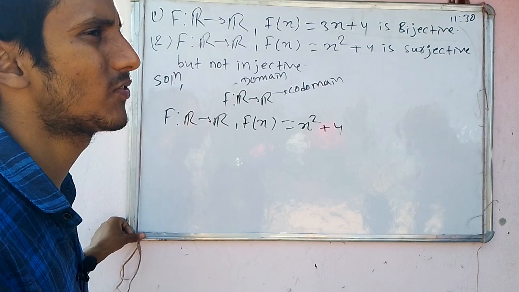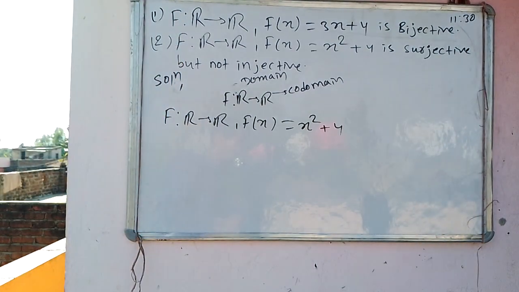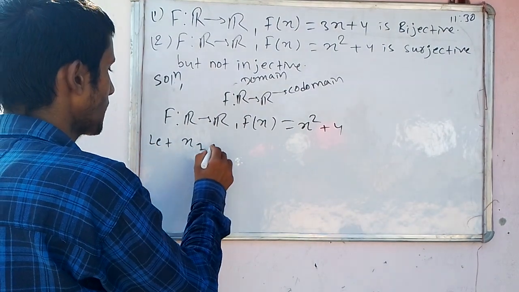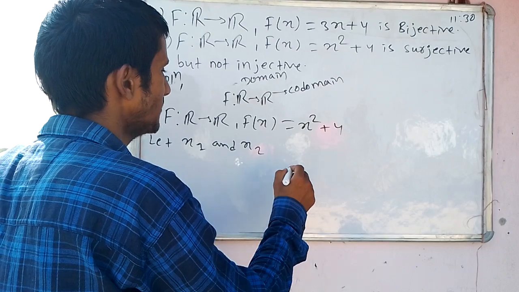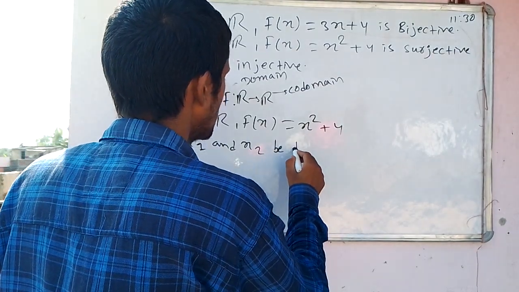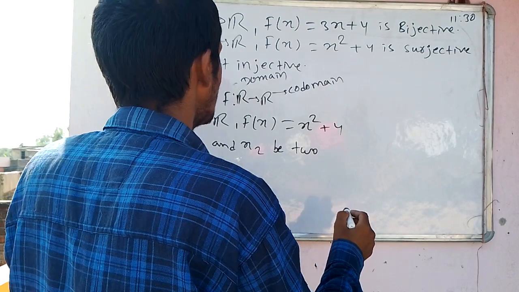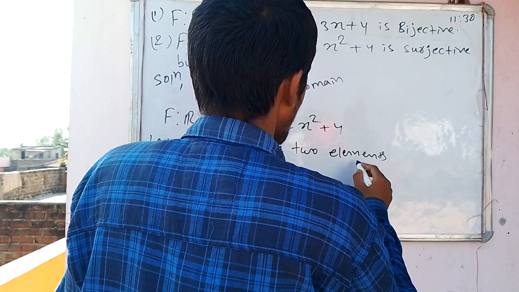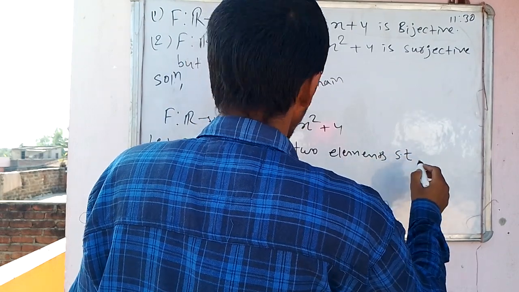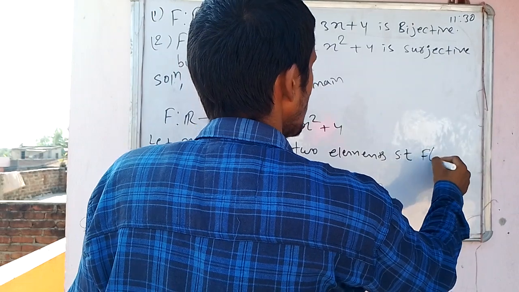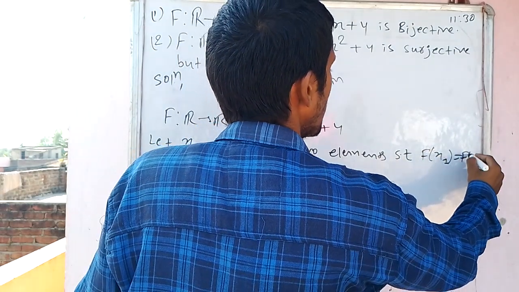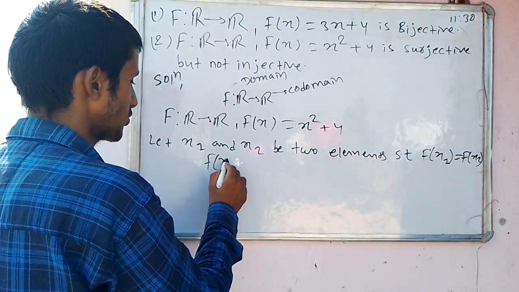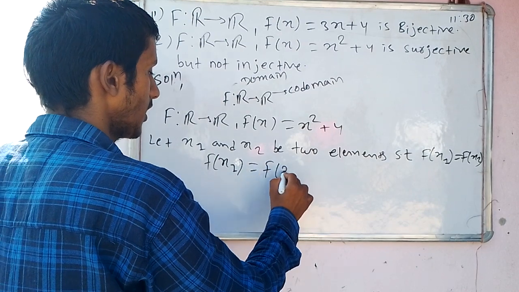How are you gonna prove in the first place that this is not injective? We're gonna let x1 and x2 be two elements such that f of x1 is equal to f of x2.